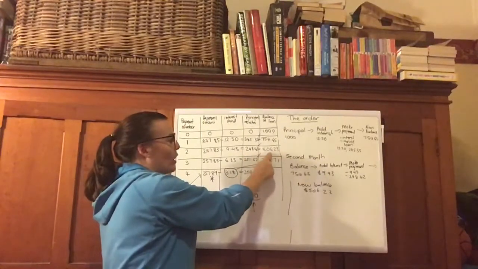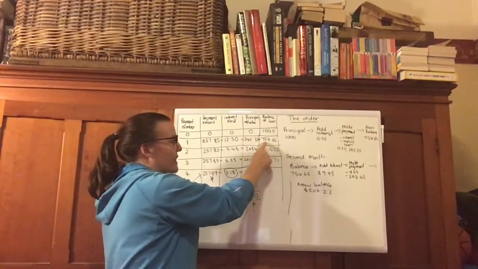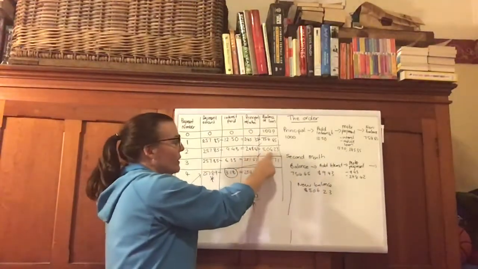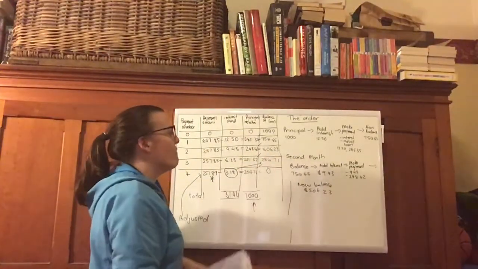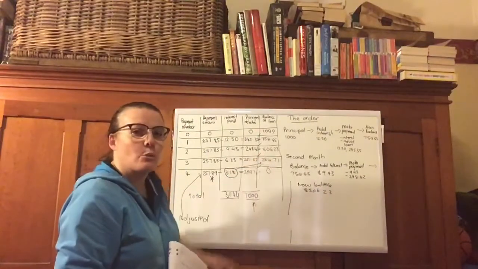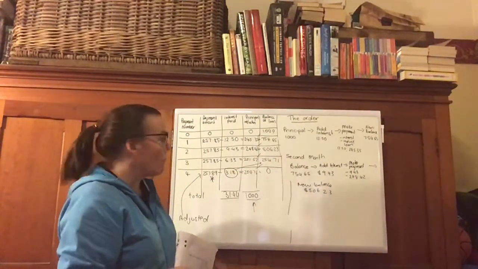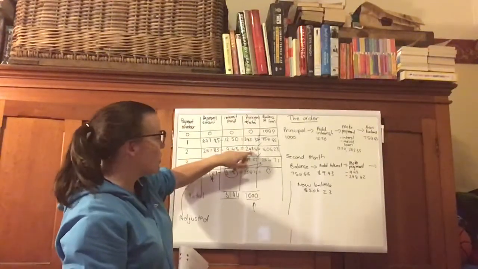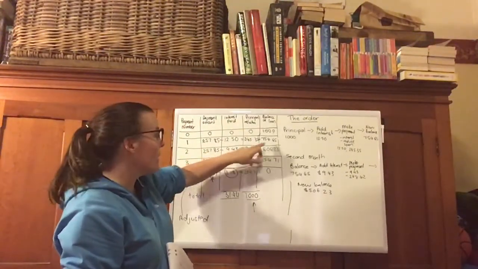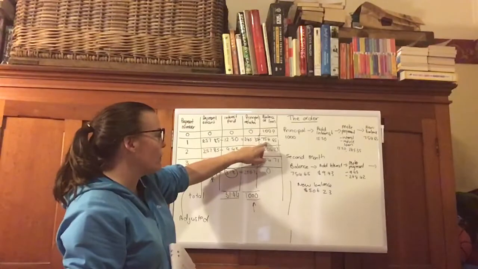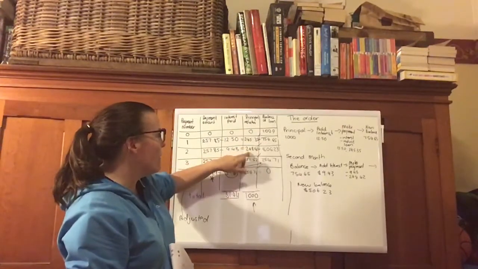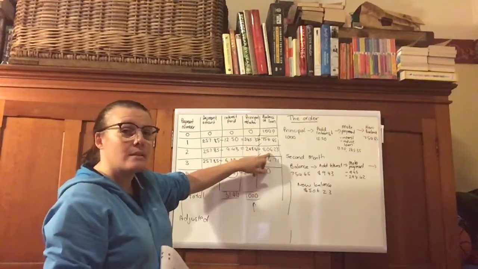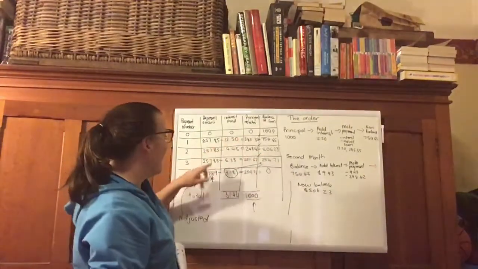To find out what goes in this spot, we take this value, we subtract that, and that gives us our $506.23. So we've got a subtraction here, which equals this value, and then we do a subtraction from here, the balance, minus the principal reduction will give us the new balance, and so on.